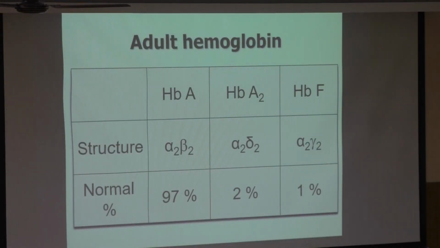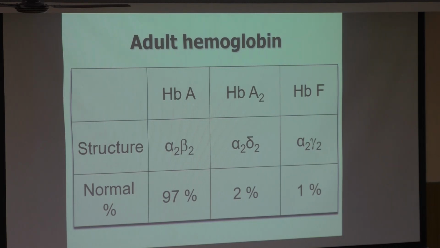There are 3 types of hemoglobins. It is called Hb, a short form for hemoglobin: HbA, HbA2, and HbF. A stands for adult, the second is A2, and F stands for fetus. It is a hemoprotein.